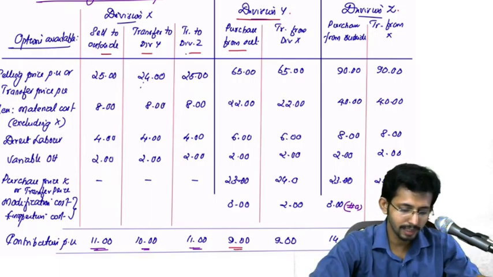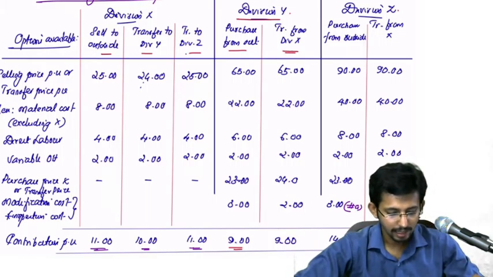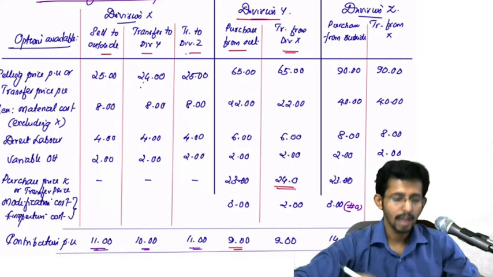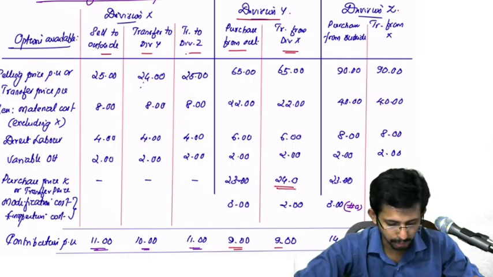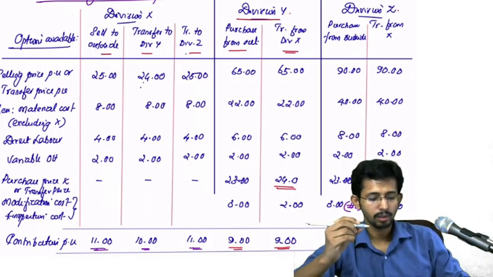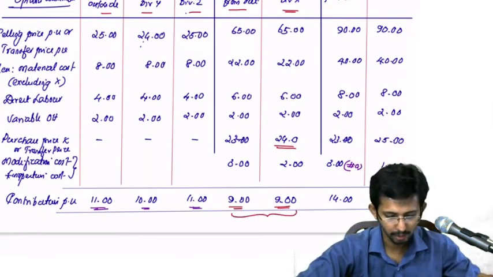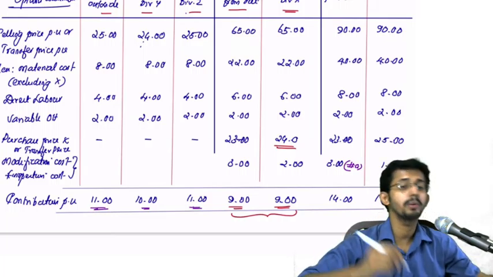On the other hand, if they transfer it from division X, then the transfer price has to be fixed at 24 and they will get a net contribution of 9 rupees. So they will be indifferent to both the options, provided transfer price is set at 24.